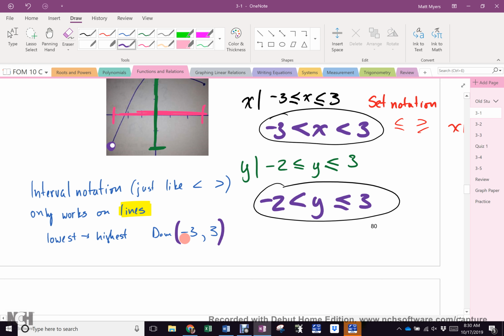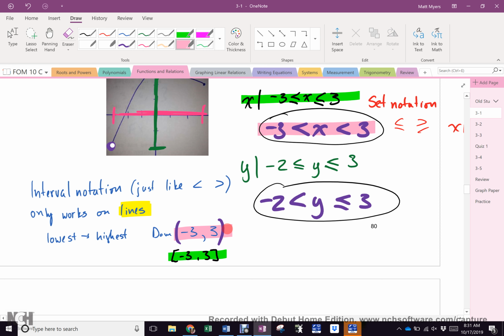Technically these are parentheses and brackets are squared off, but round brackets, everybody knows what it means, right? It's done in purple because that's what we do here if it doesn't actually hit the point. Everybody cool? If it does hit the point, which I will do in black, like up here, and I'm going to highlight this, we use square brackets.